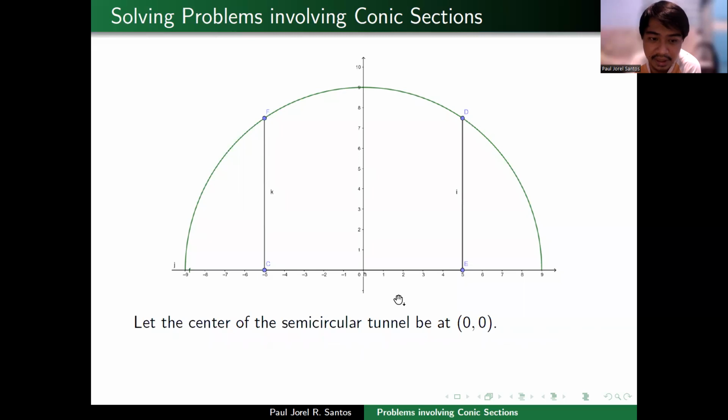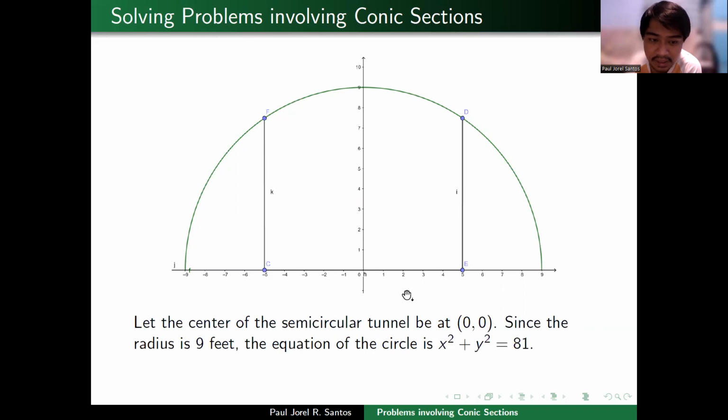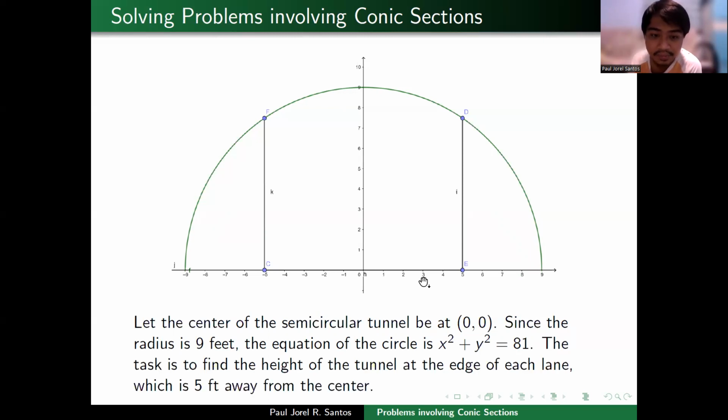So as I have said, let the center of the semicircular tunnel be at 0, 0. Since the radius is 9 feet, we can say that our equation can be written as x squared plus y squared equals 81, because our center is at the origin and our radius is 9, so r squared will be 81.